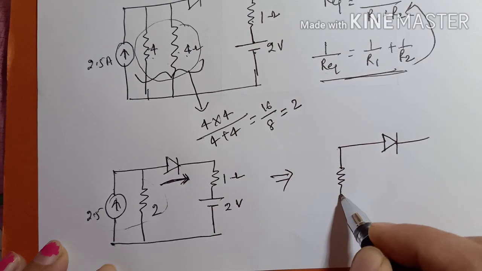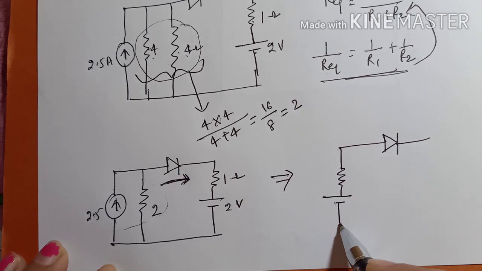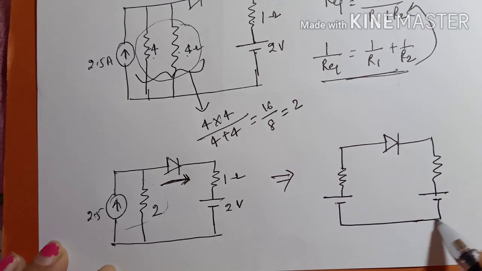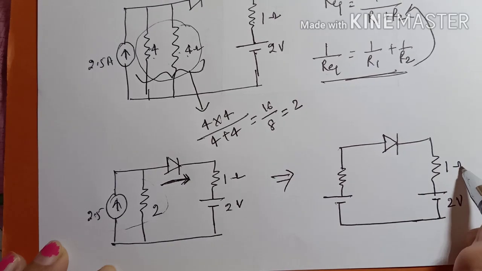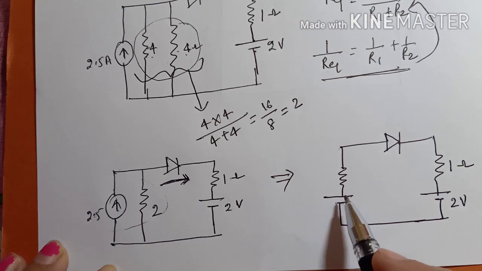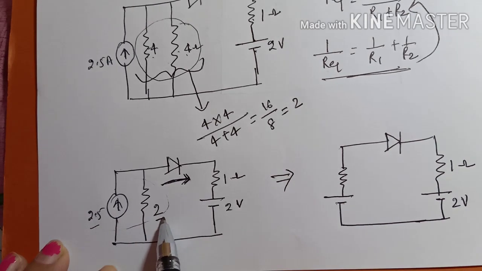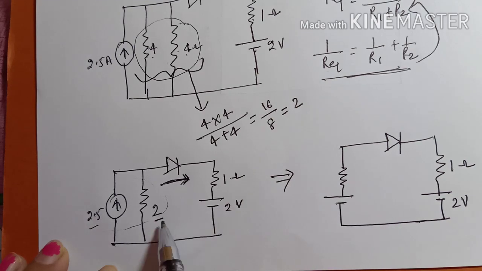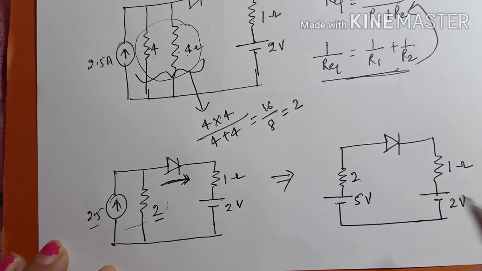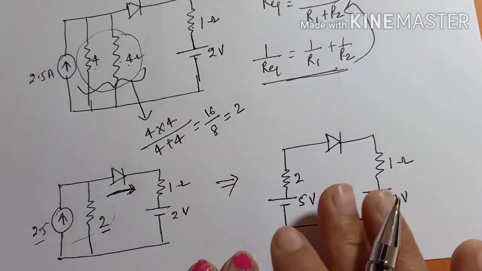One resistor will be there in series with the voltage source. Clear? This voltage source is already there in your circuit, 2 volt, 1 ohm. So what will be the magnitude of the voltage source here? I into R. So 2.5 into 2 will be 5 volt, and the resistor value will be the same, 2 ohm. So this is your simplified circuit.